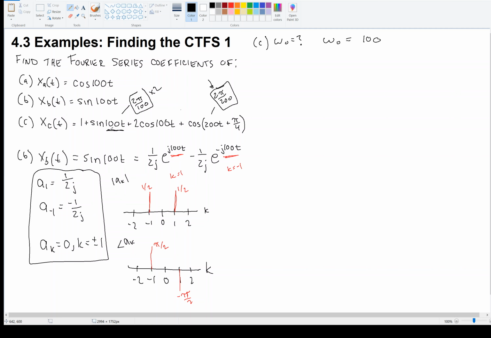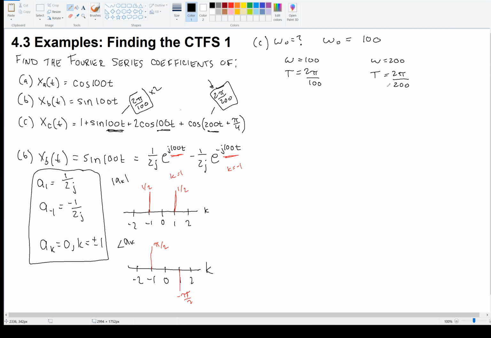This guy has a frequency of 100, right? So its period is 2 pi over 100. The same with this guy. This guy has a frequency of 200, so it has a period of 2 pi over 200, half this one.